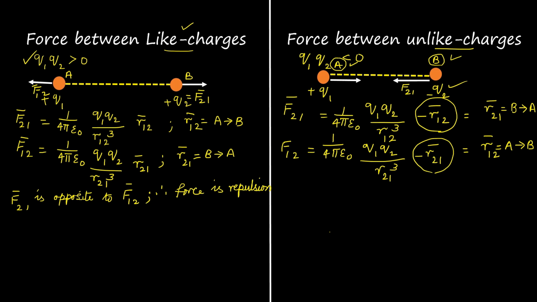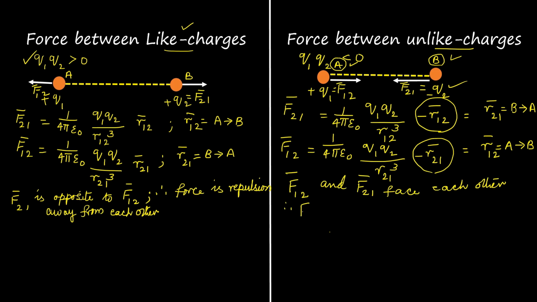This is the direction of F12, and F21 and F12 face each other. It is attraction. For like charges, it is repulsion. So this equation explains both the cases, that is for like charges as well as for unlike charges.